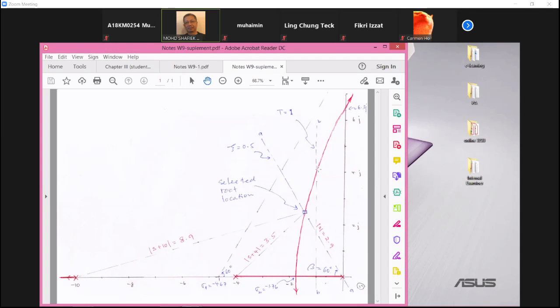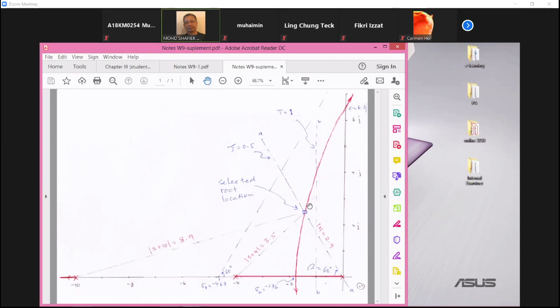The next question is, what is the value of K for your selected point? We know that the value of K at the start is 0, so it's going to increase, and the value of K when the locus crosses the imaginary axis is when the system becomes marginally stable. You can get that value of K from your Routh table.